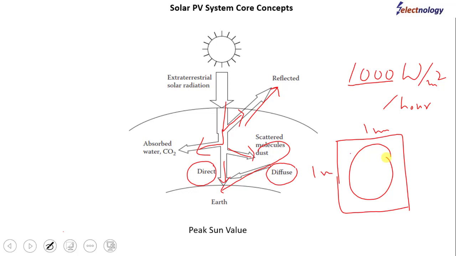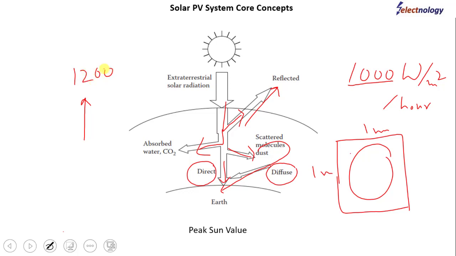Now this average value obviously changes throughout the year because the sun is changing its position, and there are sometimes clouds, and sometimes more particles within the atmosphere, so it's not always 1000, it's not always one energy unit for 1 hour. It will be changing. It is also possible that it increases to, let's say, 1200.